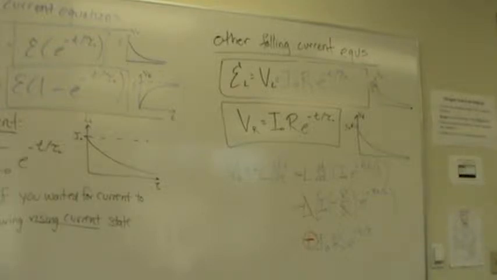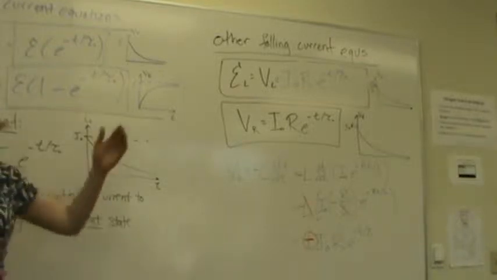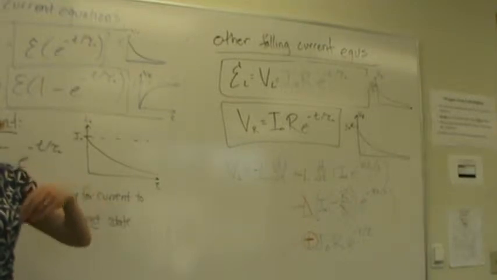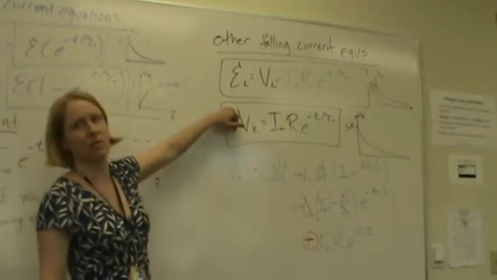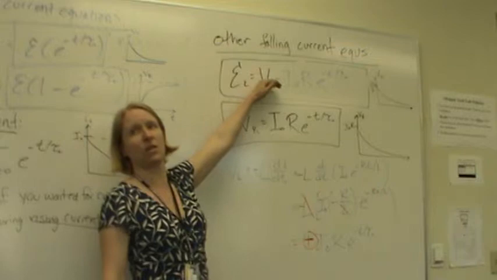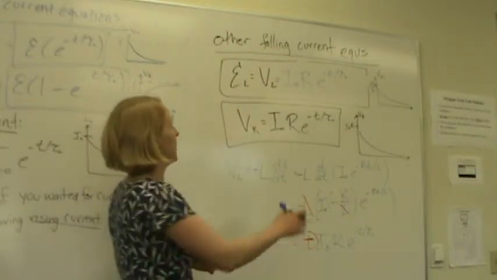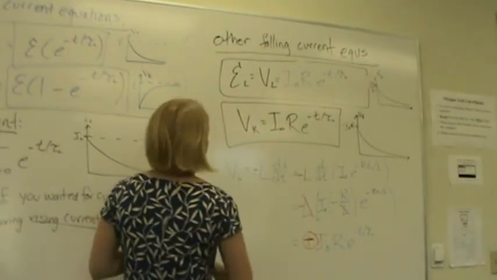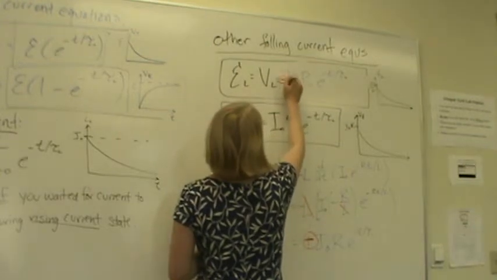Actually, that would require there to be a negative, so those voltages are equal and opposite. Once you're going to have a voltage drop across your resistor, you'd have to have a voltage rise across your inductor. So this would have to be minus for that to be true.